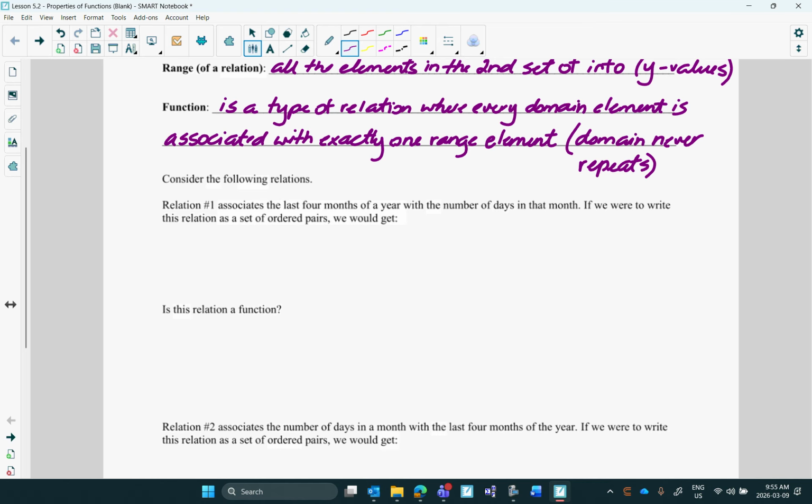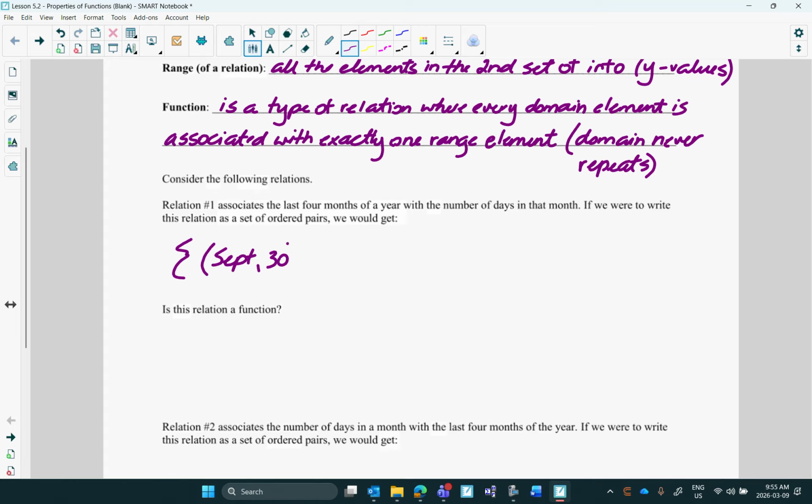So let's say we want to associate the last 4 months of a year with the number of days in that month. Okay, so that's the rule. If I wrote it as a set of ordered pairs, remember always put braces to start. Well, the last 4 months of the year started where? September. And what's the rule? How many days are in this month? 30.